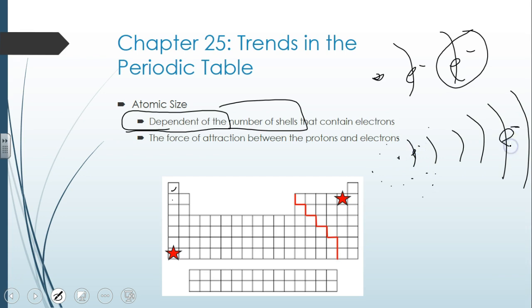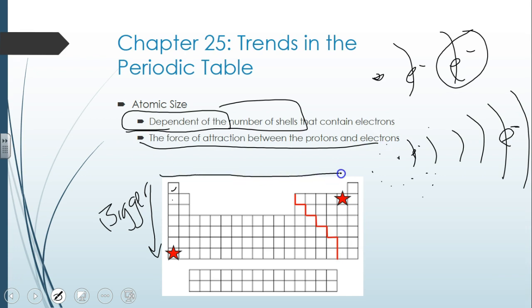But then if we have an electron out here, this one is much bigger. So as we go down the periodic table to francium, the atoms get bigger. And this is what happens, as we move across the periodic table, the atoms get smaller.